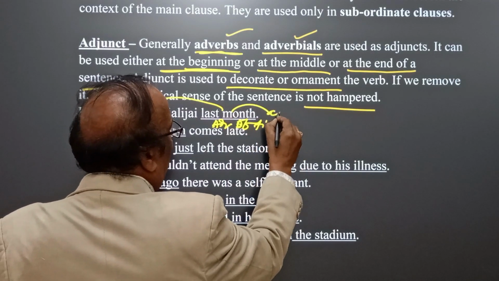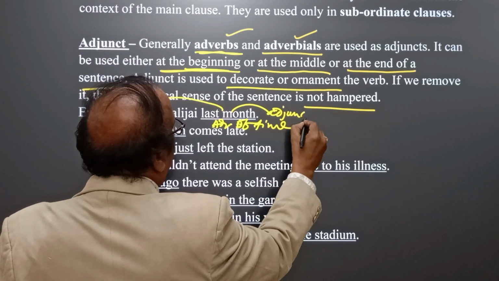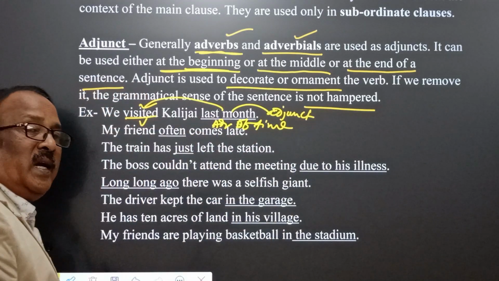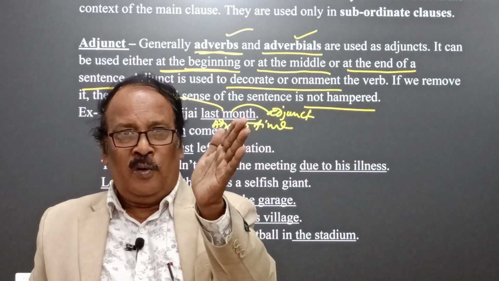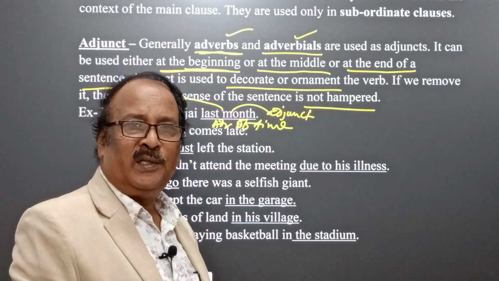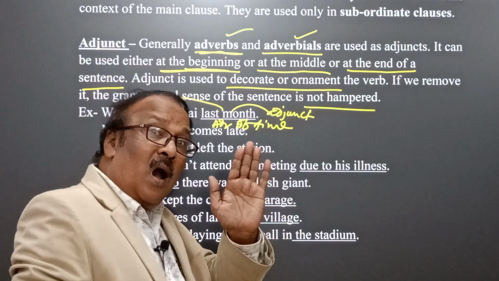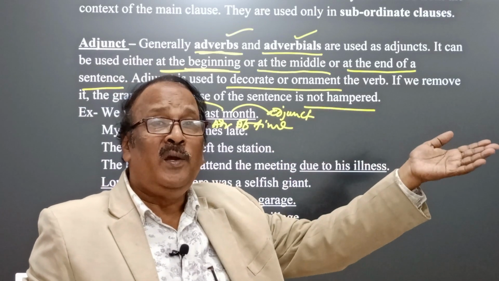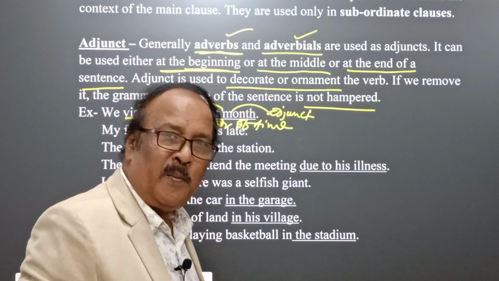Adverb, and it is an adjunct. And if we remove it, we visited Kalijai, it is still a grammatical sentence. It means if we remove last month, we can still get a correct sentence. Yes, if we add last month, then we get extra meaning: when did we visit Kalijai.